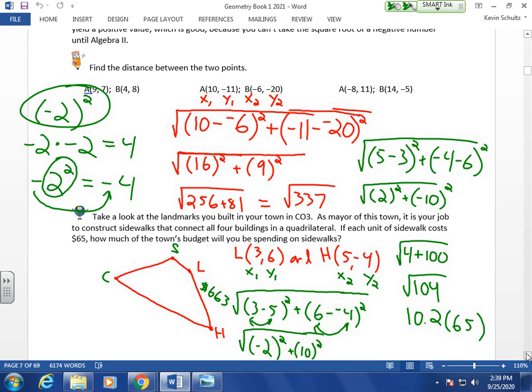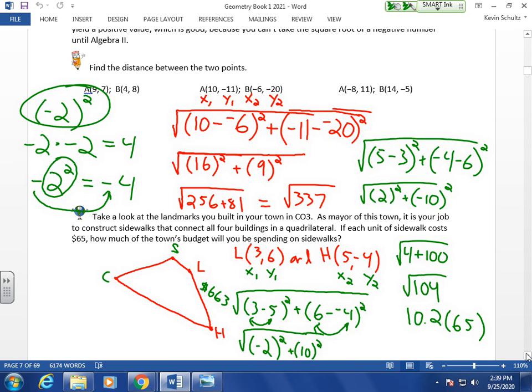What do we get when we square -10? 100. The same thing we got when we squared +10. So the beauty of taking the difference and then squaring it is that you'll always get the same result regardless of which ordered pair is listed first. Math is beautiful. It's like they thought of everything. Okay?